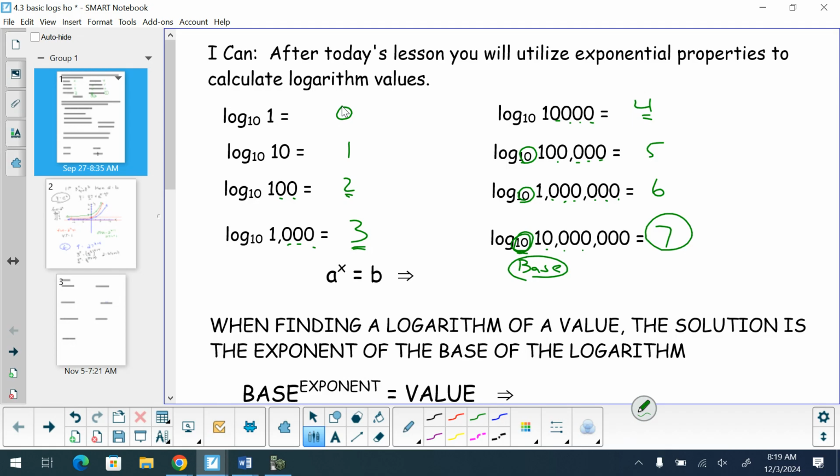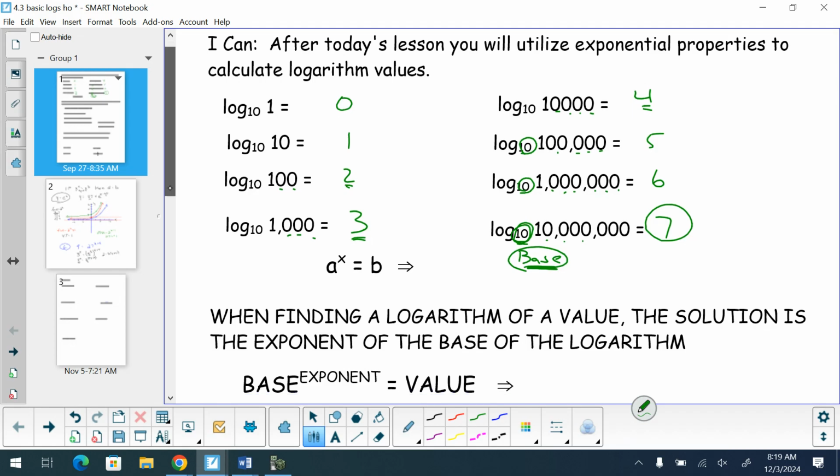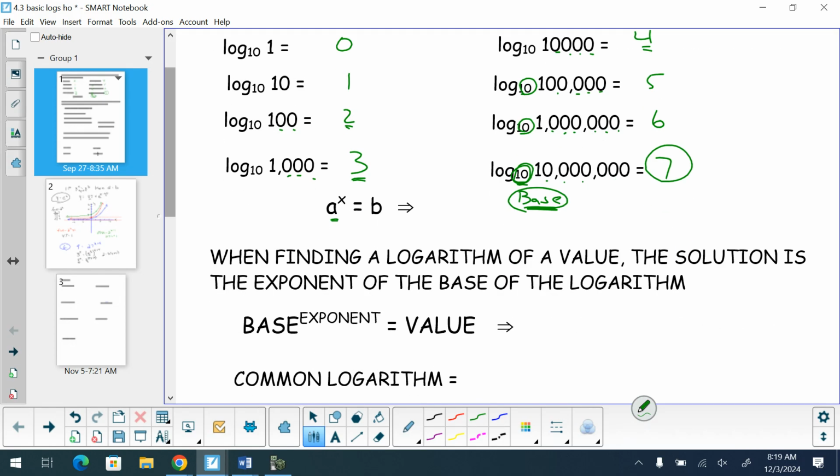Which turns us into the idea, well, if I'm looking at a value that's called a base, you also have what is called an exponent. You have a base, you have an exponent. Just like we have here a base of a and an exponent of x.